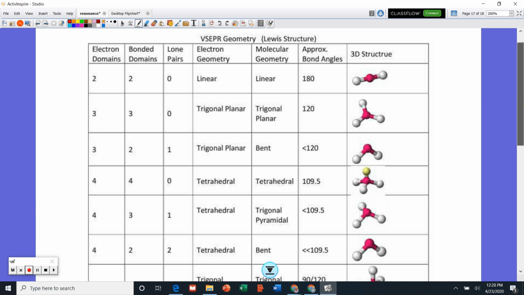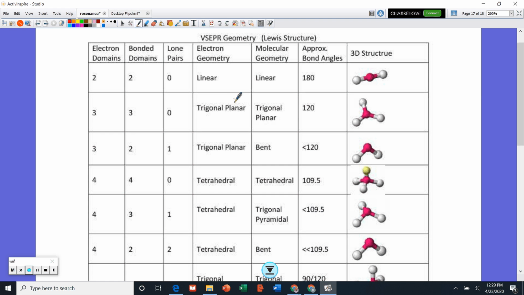A linear molecule is always going to be non-polar. All right. So when we look at this, linear molecules will always be non-polar. They'll always kind of have that shape. And that's one that has 2 electron domains, 2 bonded domains, no lone pairs. Notice this one is 3, 3, and no lone pairs.